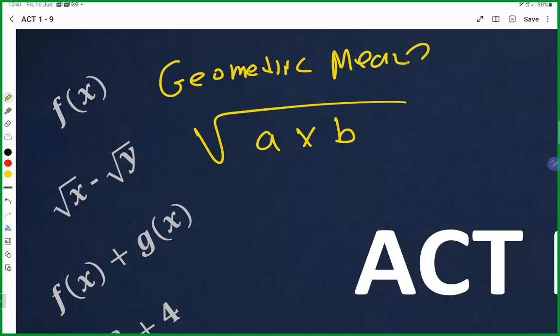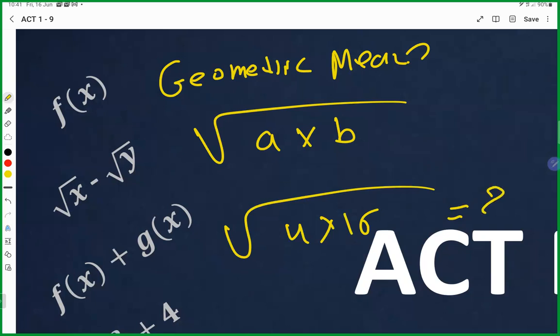As an example, what's the geometric mean of 4 and 16? It means the square root of 4 times 16. 4 times 16 is 64, and the square root is equal to 8. We call this a geometric mean.